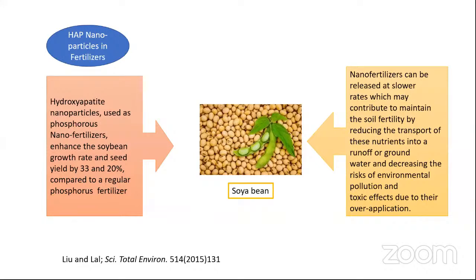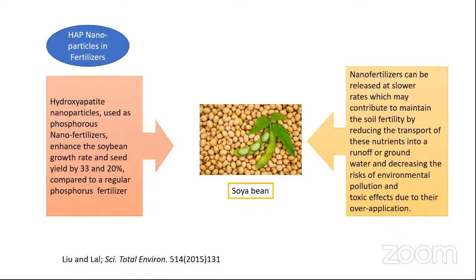And a soybean picture is shown here. The nanofertilizers can release at slower rates, which contributes to maintaining soil fertility by reducing transport of these nutrients into runoff and groundwater and decreasing the risk of environmental pollution and toxic effect due to over application.